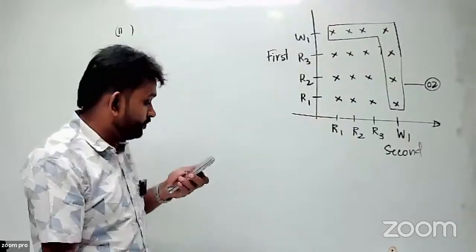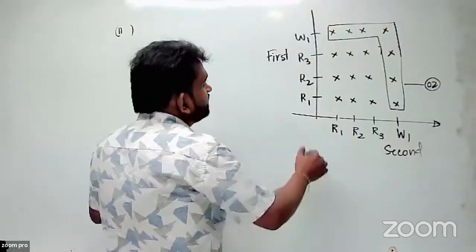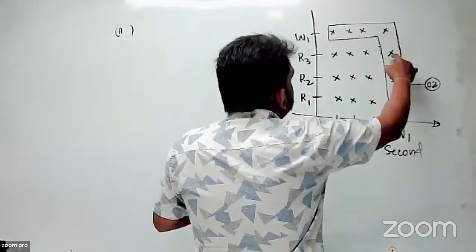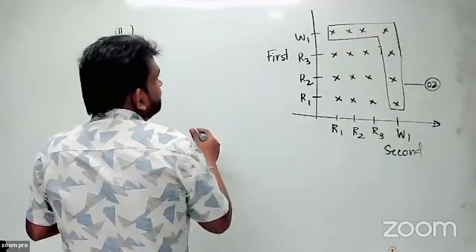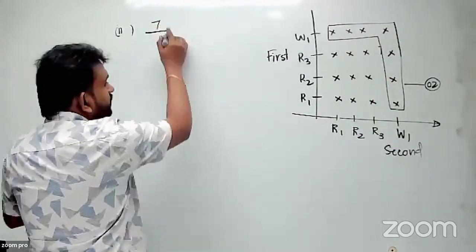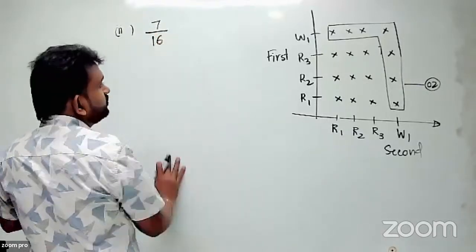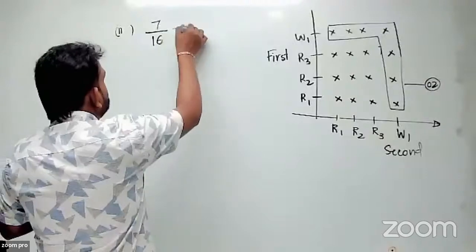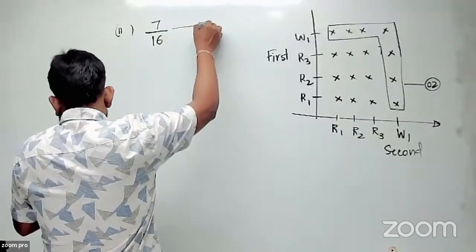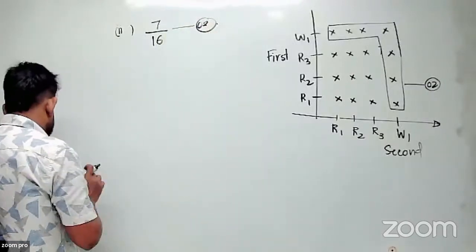Then they ask for the probability. How many events? 3, 4, 5, 6, 7. Then 7 upon the total events, 16. 7 upon 16. For that one, you have 2 marks. Then part B.